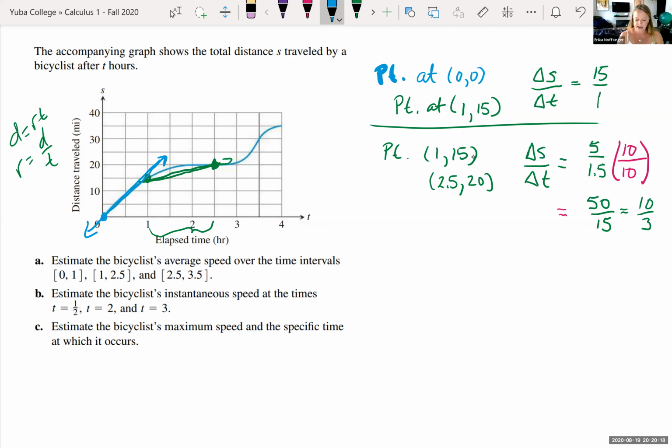And so now we wanted to look at the average rate of change between 2.5 and 3.5 hours. At 2.5 hours, we still have that point. At 2.5 hours, they traveled 20 miles. And then at 3.5 hours, which would be right here, they have traveled a total of 30 miles.